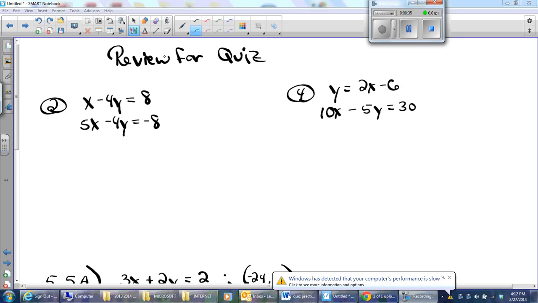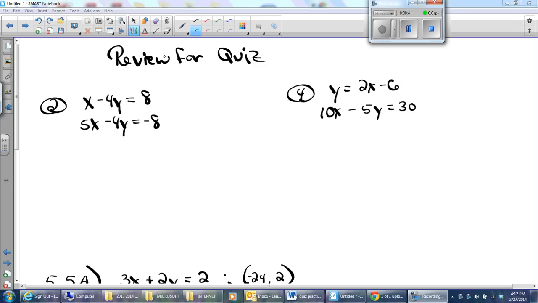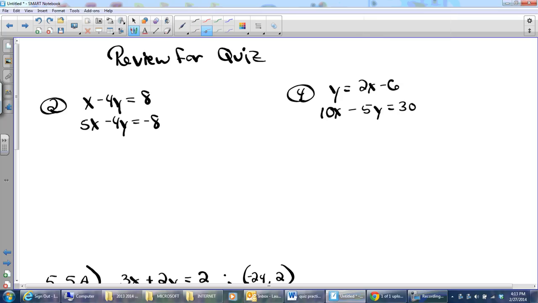So problem number 2, I have to solve this system, and I have to tell if it's consistent, independent, or inconsistent, right? I think I'm going to do this one by elimination. Some of you are thinking, hey, substitution, because I could get x alone pretty easily, and that's not bad. I like elimination on this one because of the negative 4y and the negative 4y.